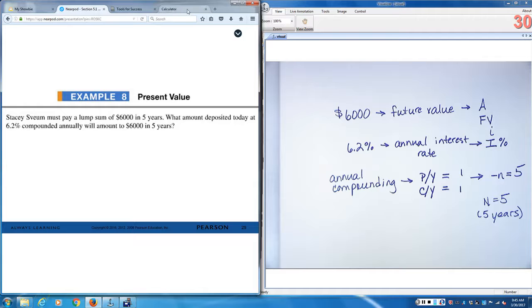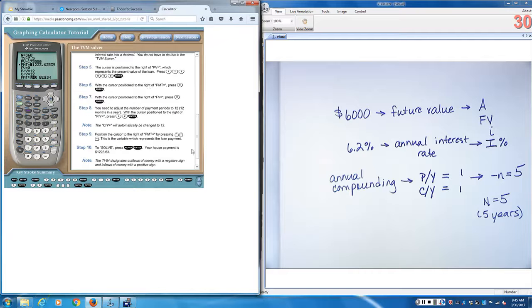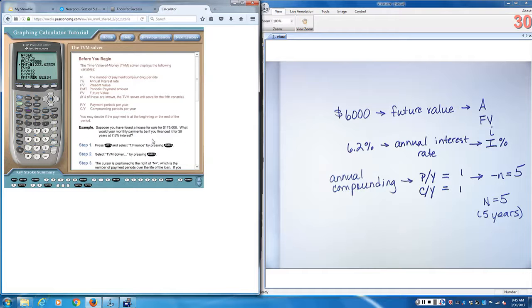Let me double check, make sure that I didn't say that wrong. N is the number of payment or compounding periods. And because it's compounded annually, they're gonna compound it 5 times. They're gonna do it once a year for 5 years.